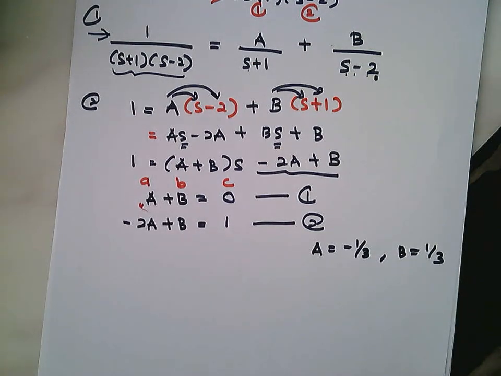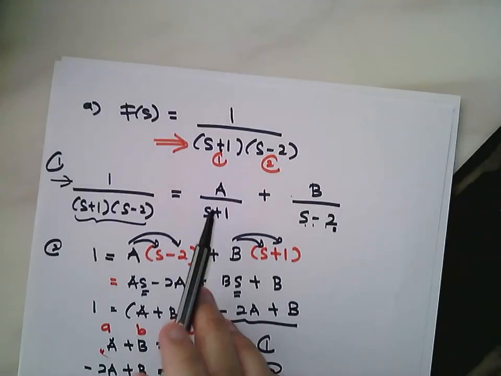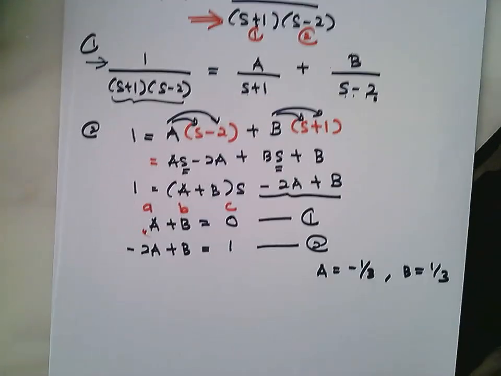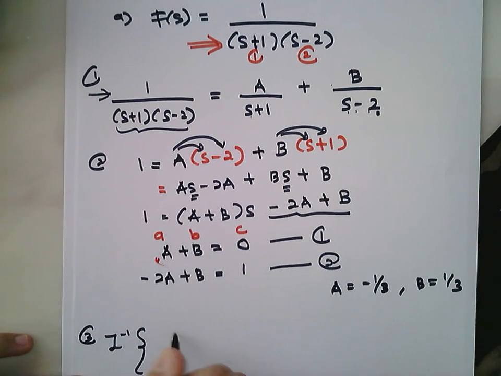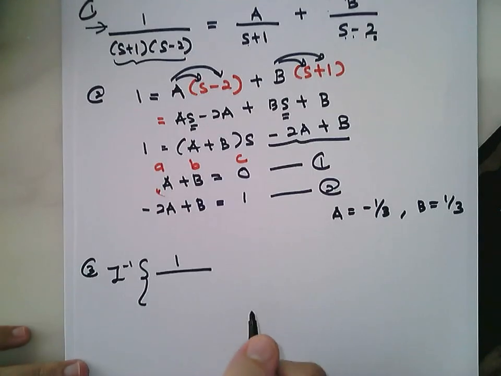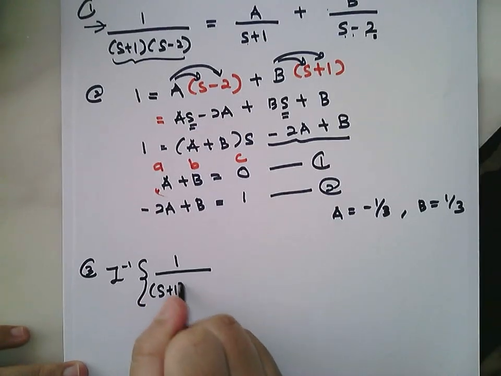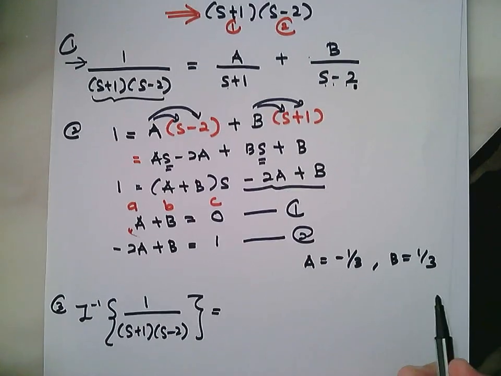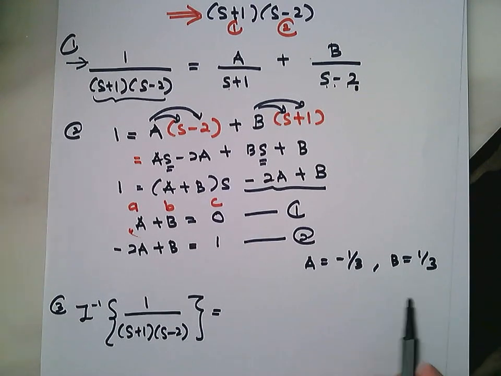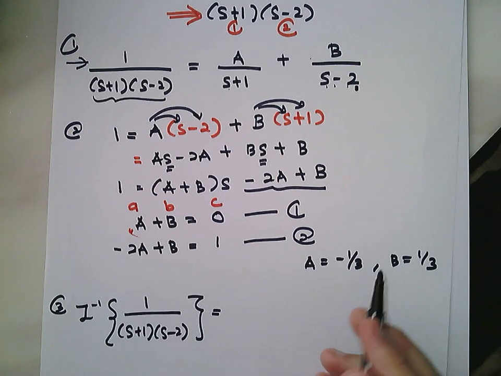Okay, so now you can substitute into this one. So therefore the inverse of 1 over s plus 1, s minus 2 is equal to, so your a is equal to negative 1 over 3. Negative 1 over 3 is a constant, so you can factorize.